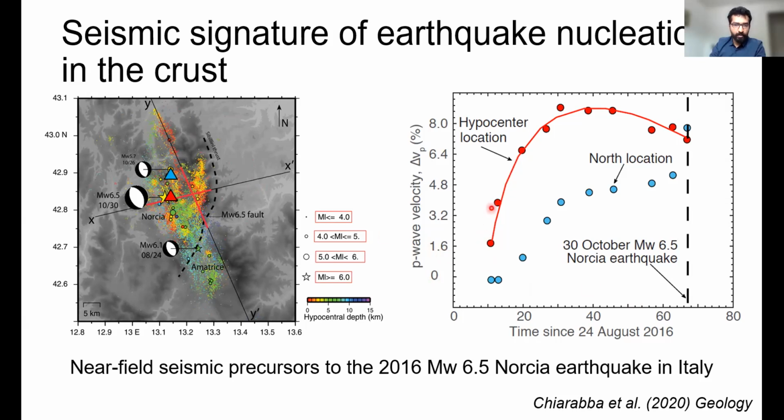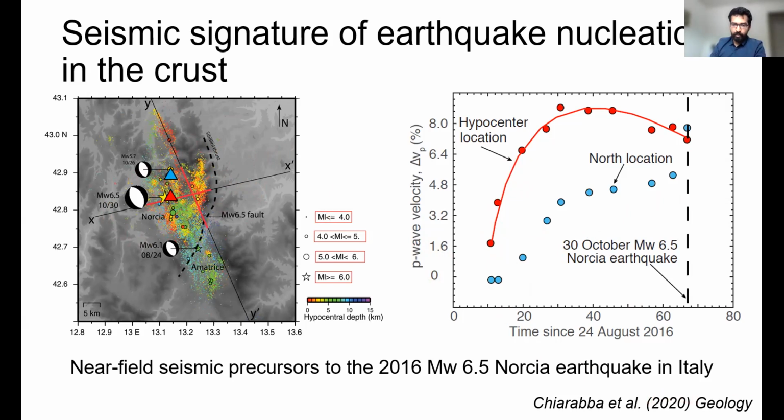So red seismometer, red dots, blue seismometer, blue dots. So these P-wave velocities are not from an active source study. They are from a time-lapse crustal tomography that was done using teleseismic earthquakes that happened very far away during these 70 days and sampled the lithosphere in this area.